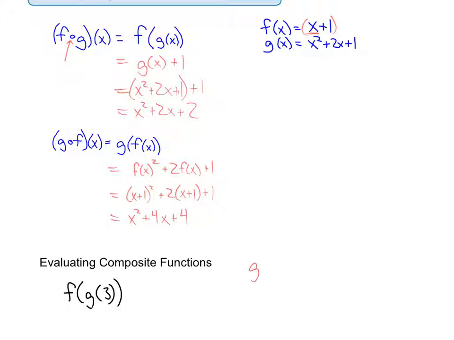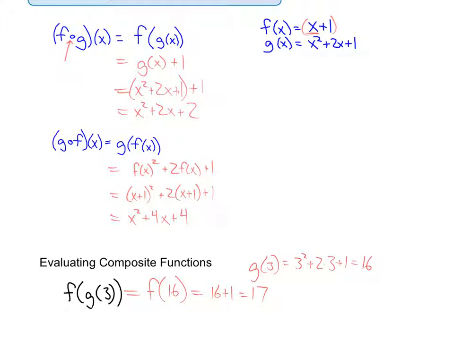G of 3 is 3 squared plus 2 times 3 plus 1. So 9 plus 6 plus 1 is going to be 16. So we could rewrite that now as f of 16, which is 16 plus 1, equal to 17.